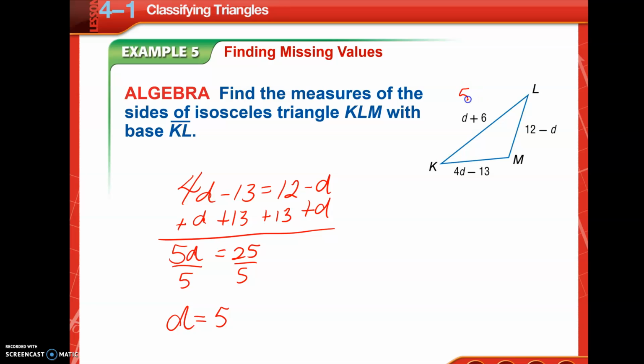So this would be 5 plus 6, which equals 11. This one would be 12 minus 5, which is 7. And this should equal the same as 7 because these were the 2 equal sides: 4 times 5 minus 13 is 7. So those are my 3 side lengths.